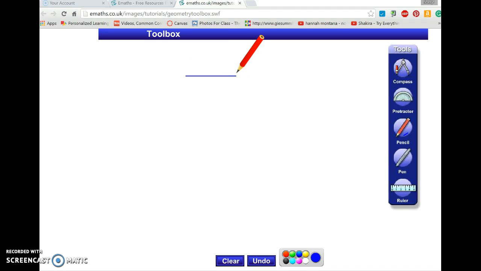You know how to duplicate, but just to quickly remind you, first of all, you need a line down here, so let's have a nice long line. And then we will take the measurement of my line segment.